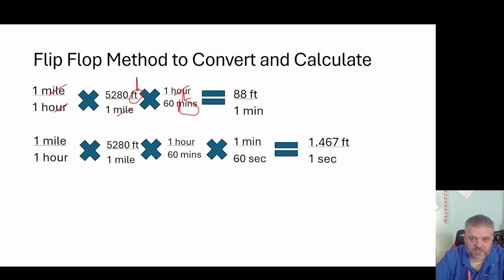If I were to take that one more step further and get rid of the minutes, 1 mile per hour equals 1.467 feet per second.